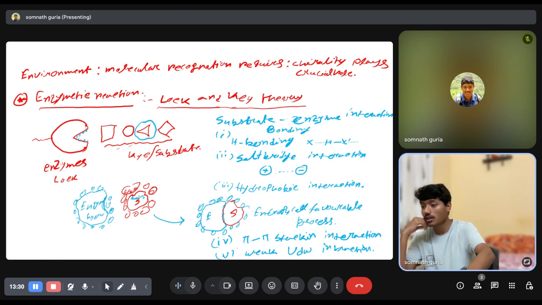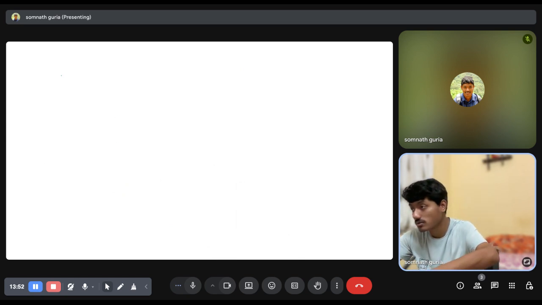These are the interactions we found that make the formation of this substrate into these enzymes. We can write it one more time. We have some enzymes over here. This will be my enzyme, and it will be connected to some things.